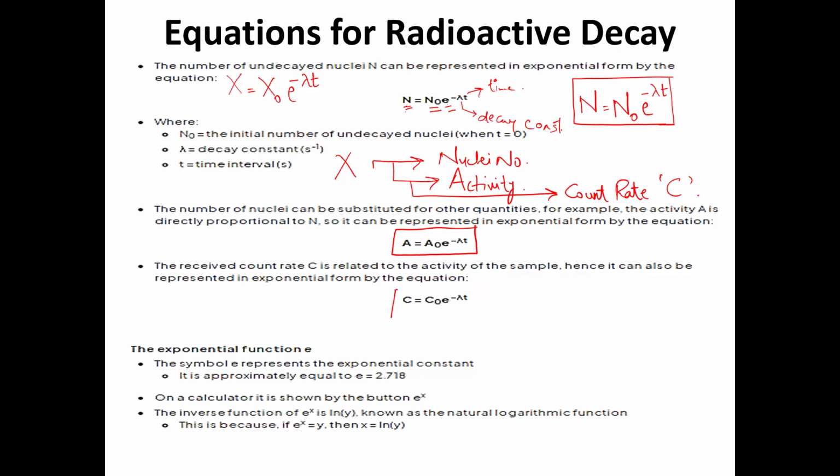And the third equation is C. C stands for count rate. C equals C naught e power minus lambda t. The symbol e represents the exponential constant and its value is around 2.718, and on a calculator it can be seen with the function or value of e power x.